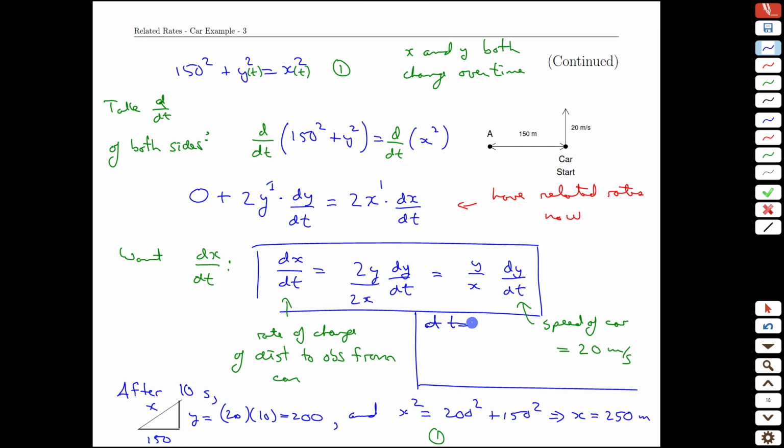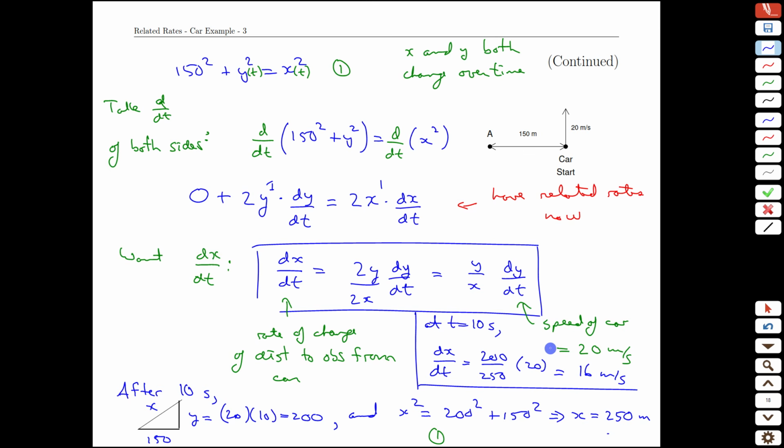At t equals 10 seconds, dx dt is going to equal y over x, 200 over 250, times dy dt, which is 20 meters per second. That's 4/5 of 20, which will be 16 meters per second. And that is our first related rates problem.